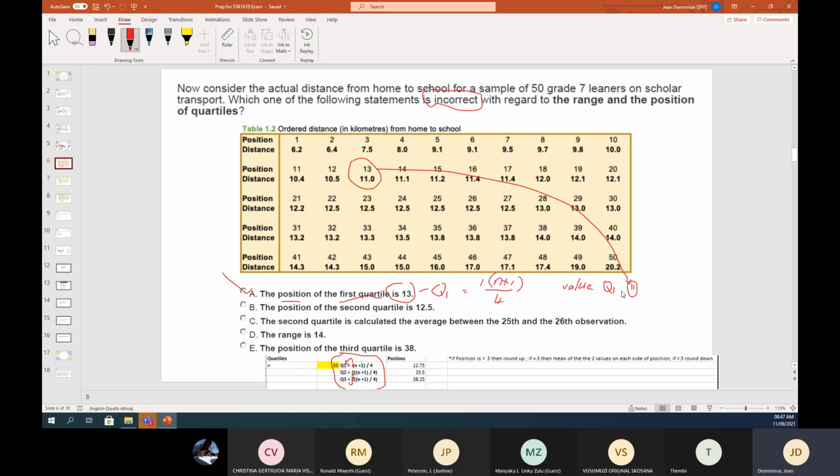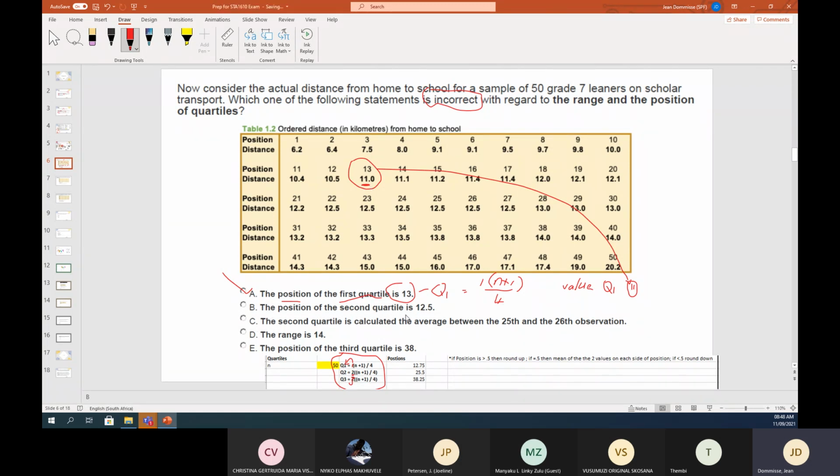I've seen that in a lot of the exams. They like to nearly trick you between the two. It can even be that in the exam your distance is also 13, and then for Q3 it is something different, and you get confused with those questions as well. But from here, the value of Q1 is 11.